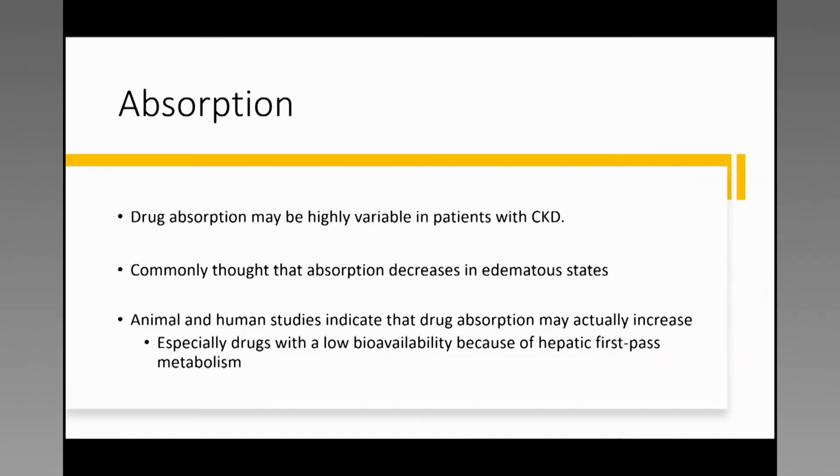There's been even some cases, in animal and human data, whereby drug absorption may actually increase. One of the theories for this may be that edematous states or some other damage to the gut wall may impair the active transporters and enzymes that are present there, which contribute to the lower bioavailability of some drugs. So in this case, uremia or fluid absorption may impact on usual protective mechanisms.